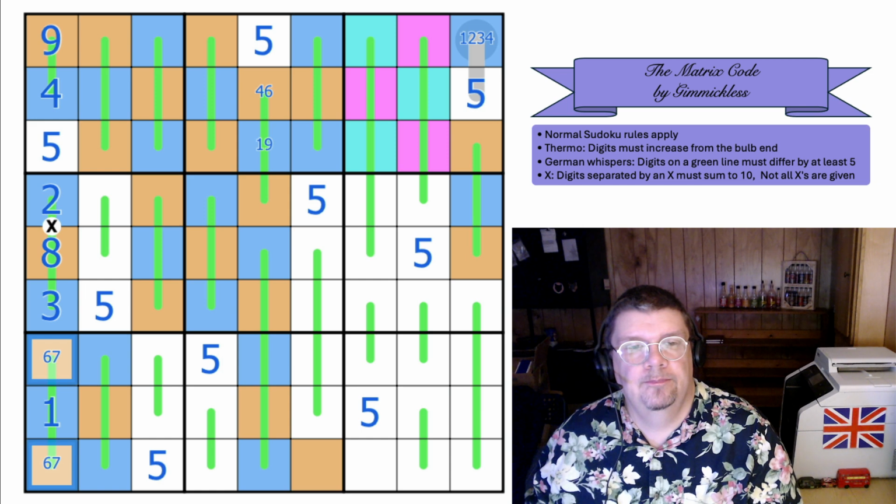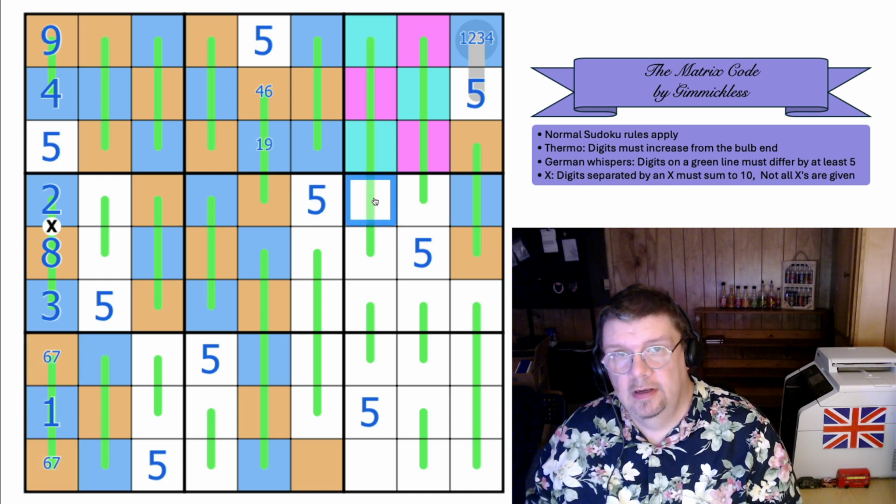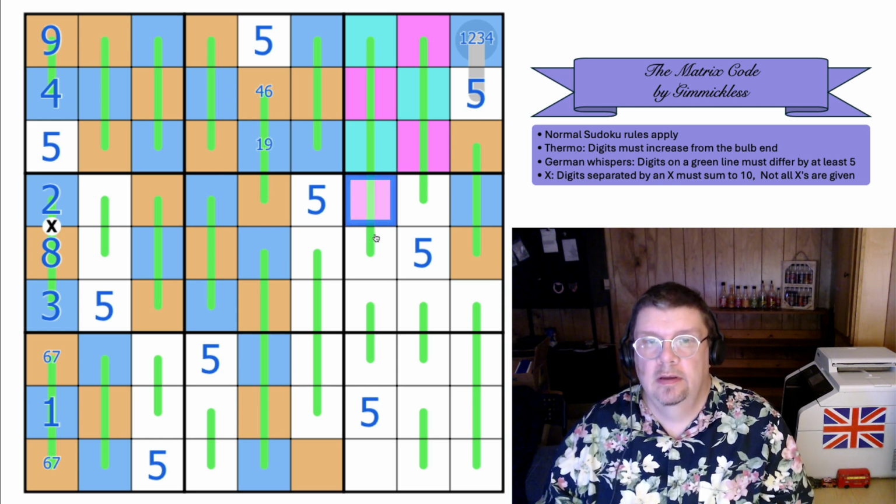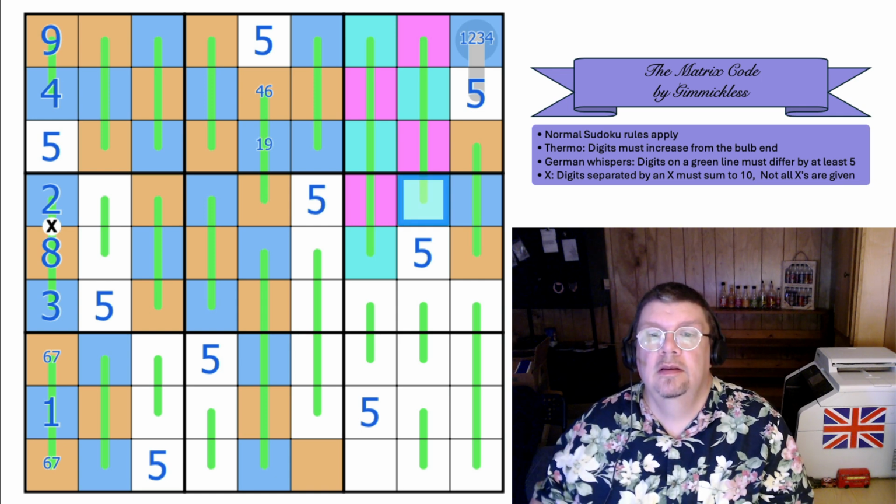All right. Now we can continue the coloring here. That one is going to be pink. That one's teal. That one will be teal.